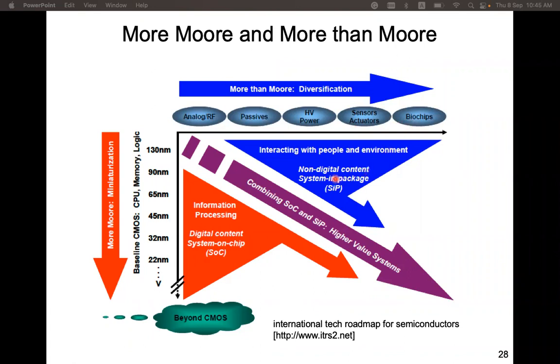And these analog or other non-digital contents could be packaged on the same chip as the digital IC. So we can combine both these non-digital and digital contents in the same package.